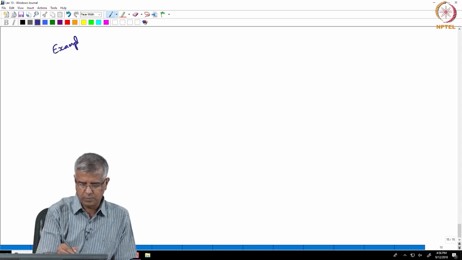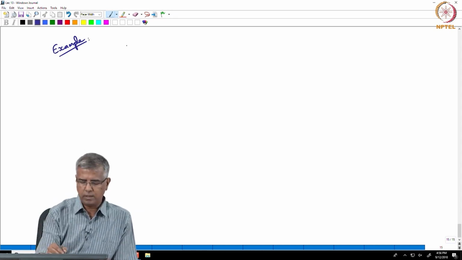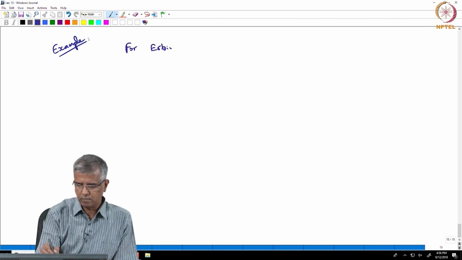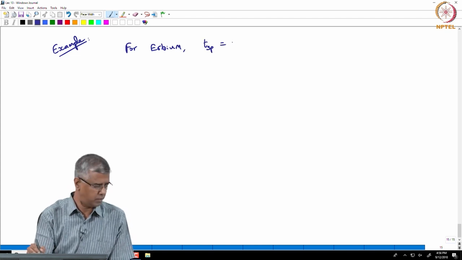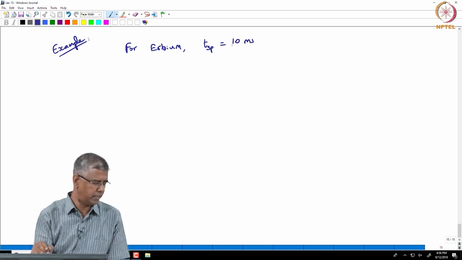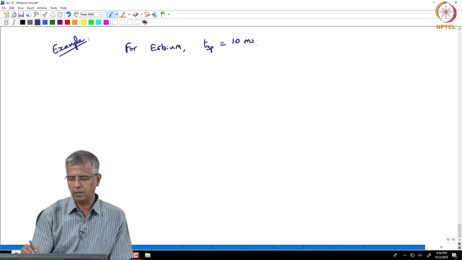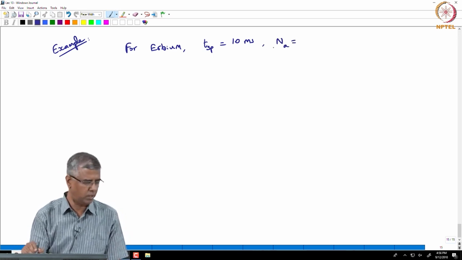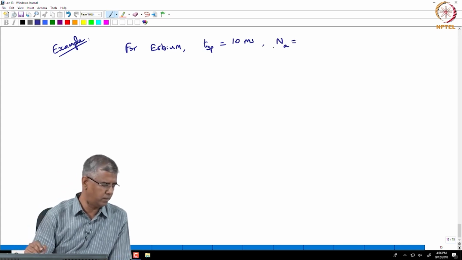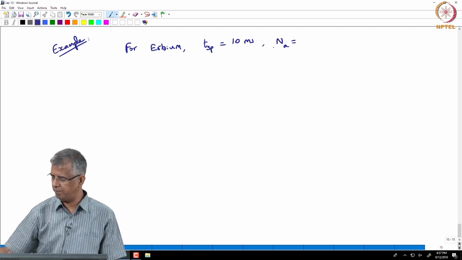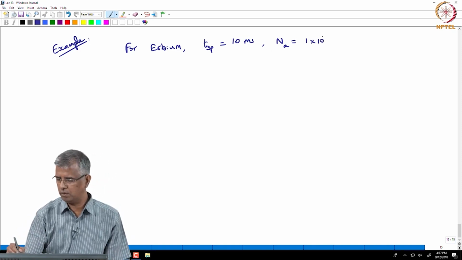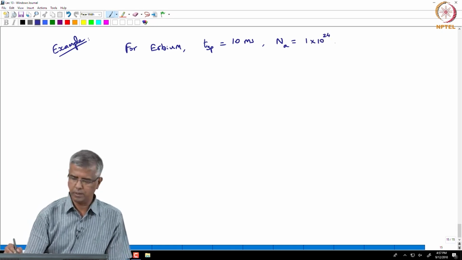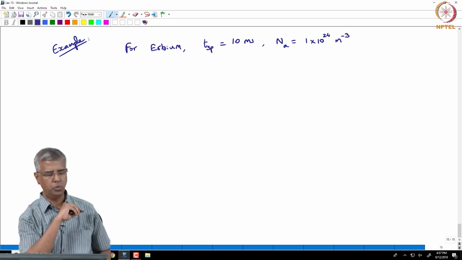Let us just work out an example problem. For erbium, it is given that the spontaneous lifetime TSP is 10 millisecond, and you are asked to consider the total number density of erbium in this medium as 1 times 10 to the power of 24 per meter cube.